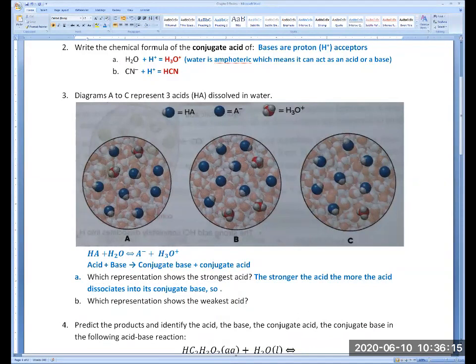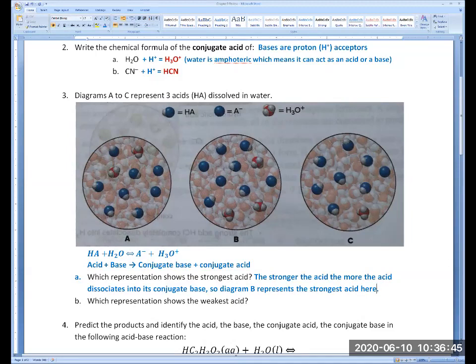So diagram B represents the strongest acid here. It's not a strong acid because it's not completely dissociated, because a strong acid would be completely dissociated. You would not see any more undissociated HA. They would all be dissociated into A minus and H3O+.